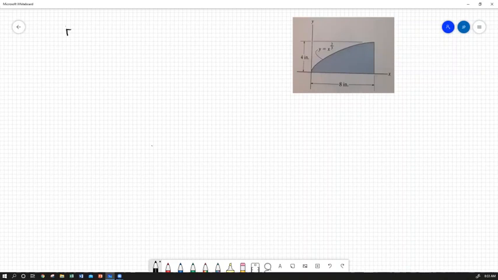So we can say a vector from some reference point, we'll call it O, to the centroid is equal to 1 over, in this case, we're looking at 2D, so we're looking at area centroid, the whole area times the integral over that area of R. So you get a little area dA here.